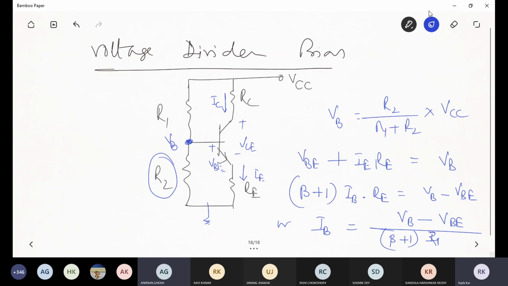Now once you know IB, from IB you can calculate IC. Okay. IC is beta IB.